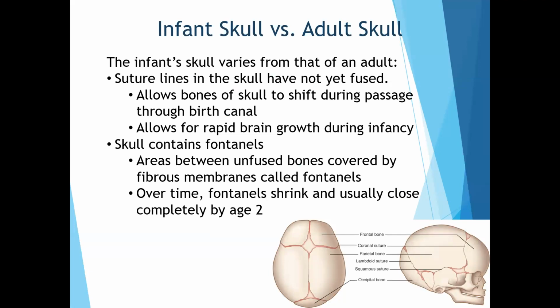That's the areas that are fibrous membranes rather than those tight sutures. And so those are the unfused bones. Over time, those areas get much smaller and they're usually full sutures rather than fontanelles by age 2.